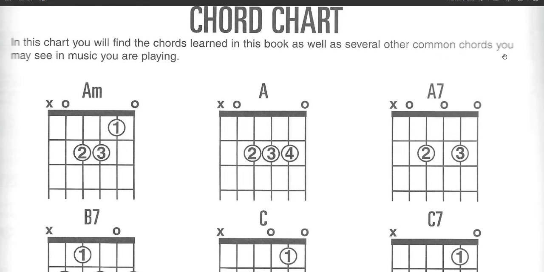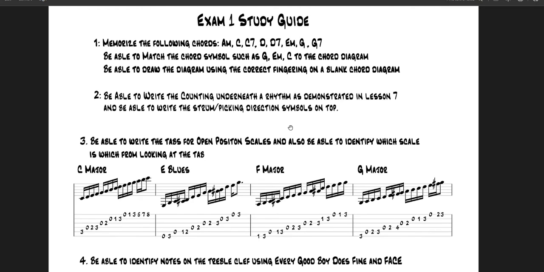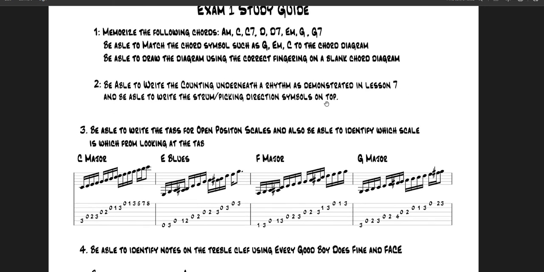So there's that. All right, now let's take a look back at our Exam 1 study guide. Okay, so we've talked about this. You have to memorize the chord, have to write the chord symbol when shown the diagram, and you have to be able to draw the diagram with the correct fingering on a blank chord diagram, and also include where those X's are, okay?